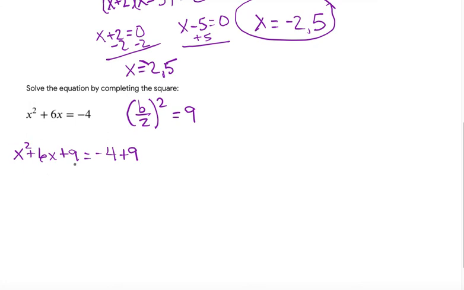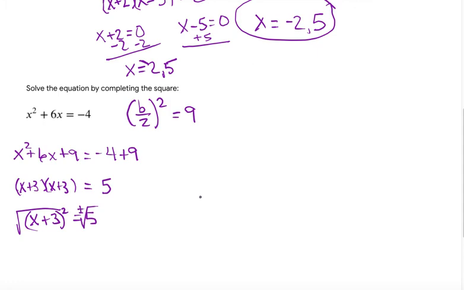On the left half of your equation, you're going to get two of the same binomials when you factor it. On the right side, you just simplify that. So I'm going to write this as a binomial squared, and then I'm going to solve using that square root property. So I'll take the square root of both sides.